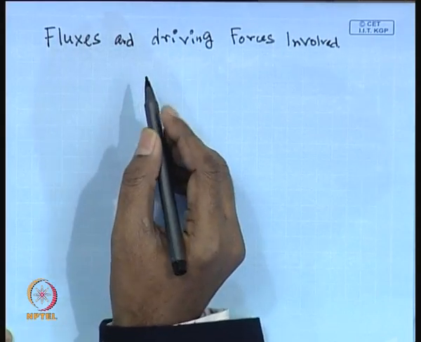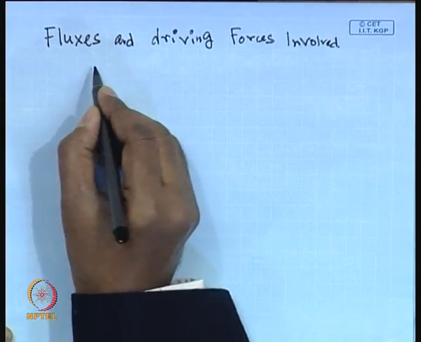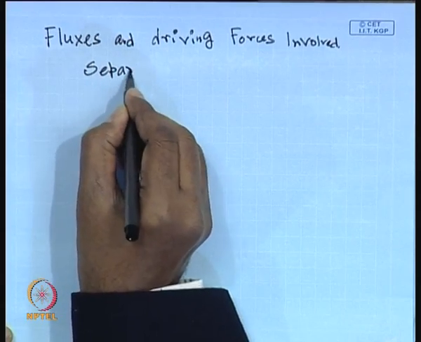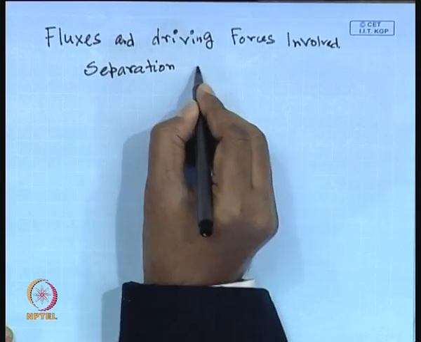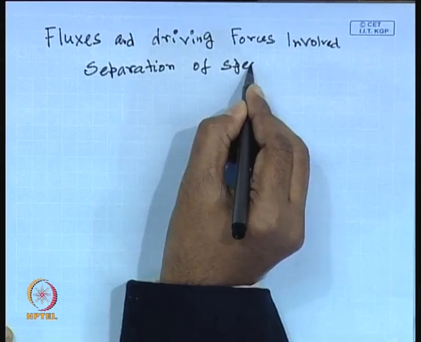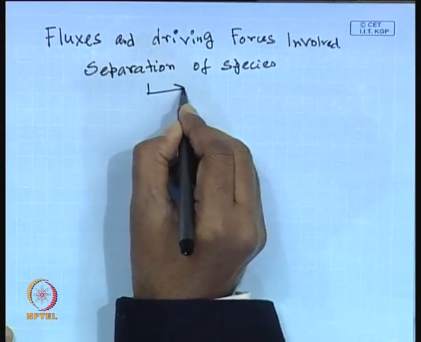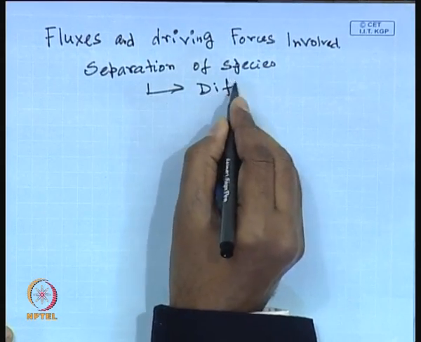Now, we already looked into the definition that separation of species occurs because of difference in transport rate.